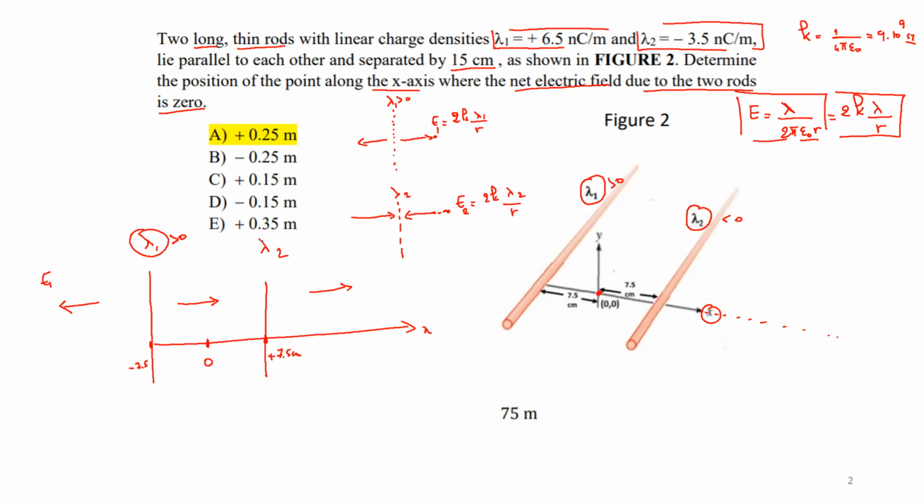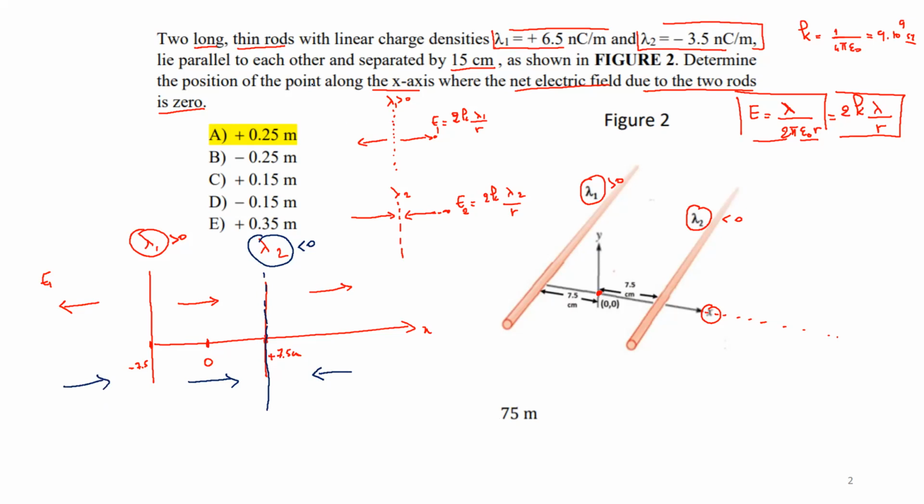For E2, the electric field created by the negatively charged rod, lambda 2 is negative, so the field points toward it. E2 on each side points toward this negatively charged rod.